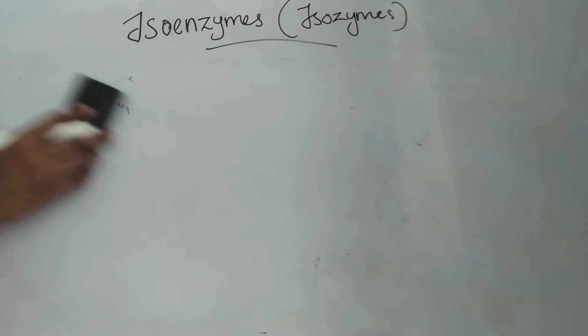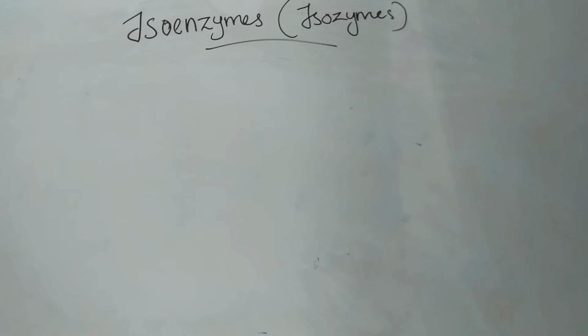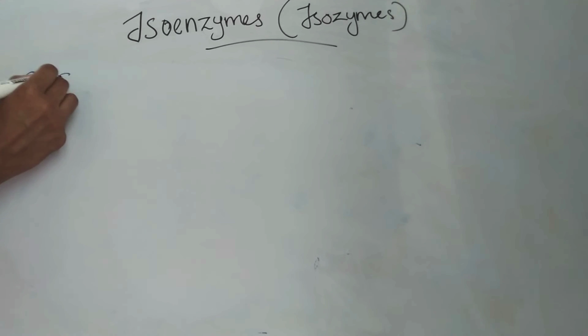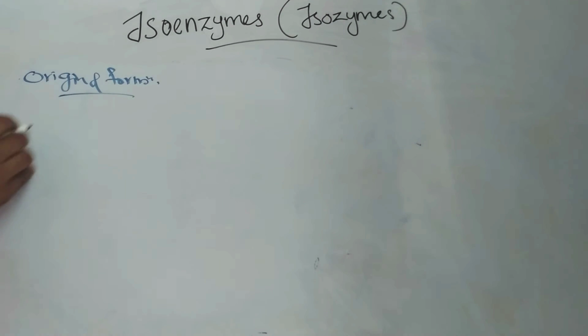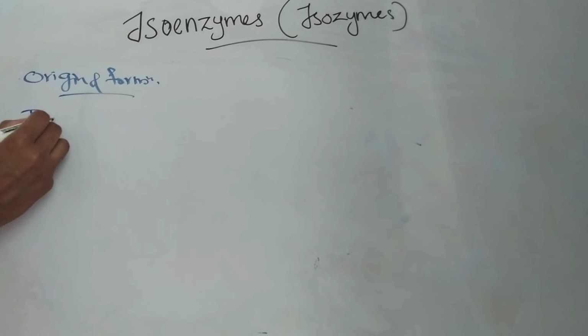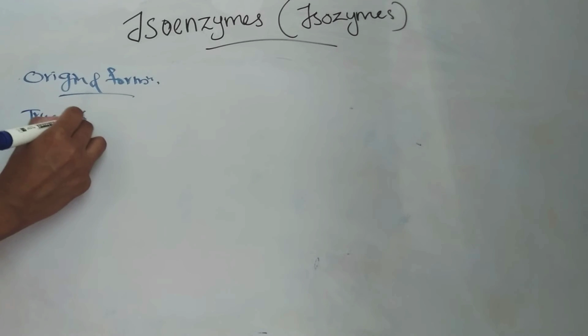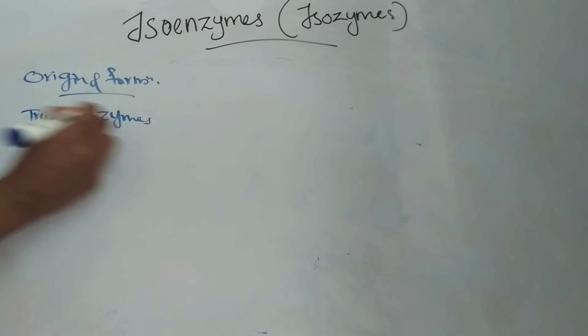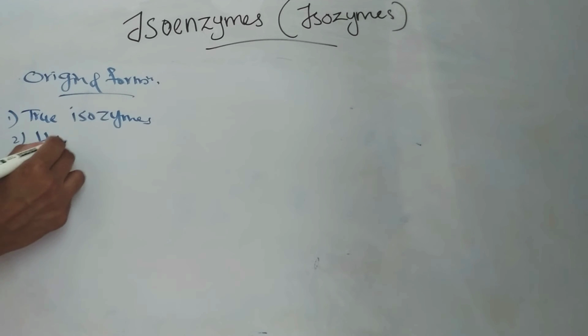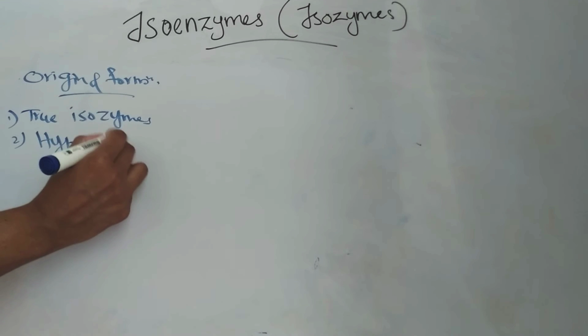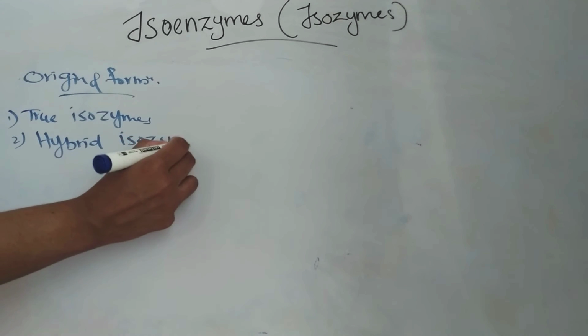Then, based on their origin and formation, four forms are there. First one is true isozymes. Second one is hybrid isozymes.